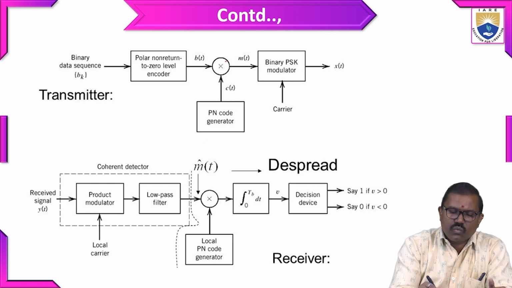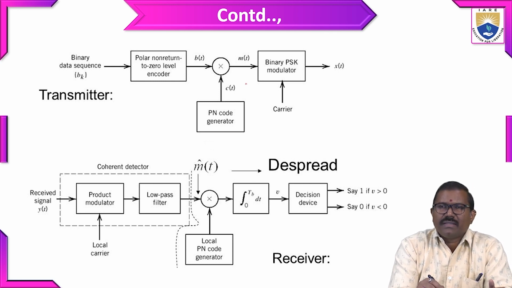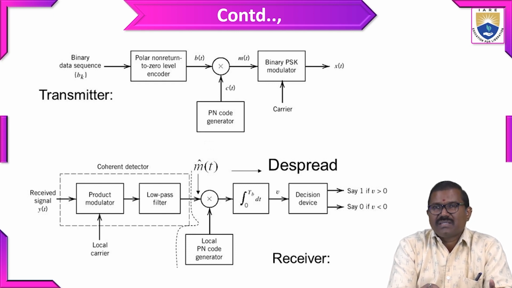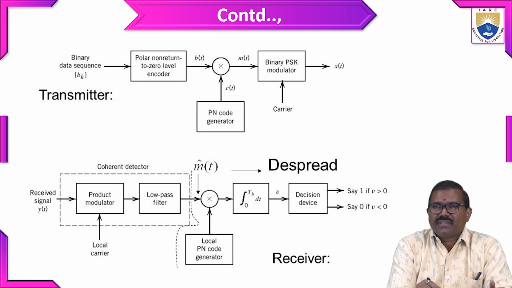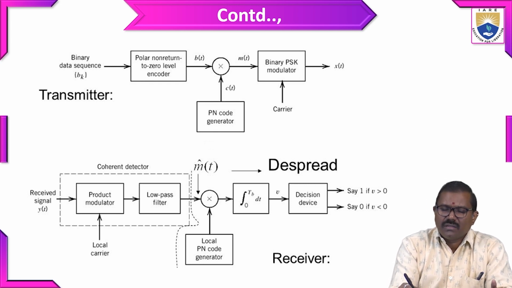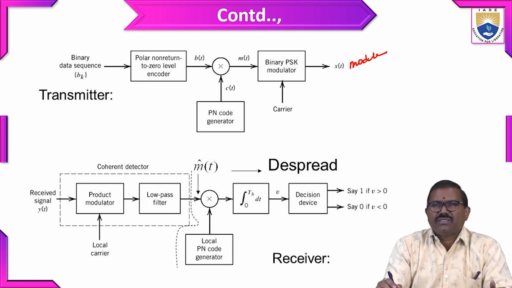One is multiplying the encoded signal with the PN sequence, and then we modulate with a BPSK modulator, which we already covered in previous topics. The PSK modulation multiplies the message signal m of t with the carrier signal, producing x of t, or s of t, whatever it may be. This is the modulated signal, and this is the transmitter block diagram.